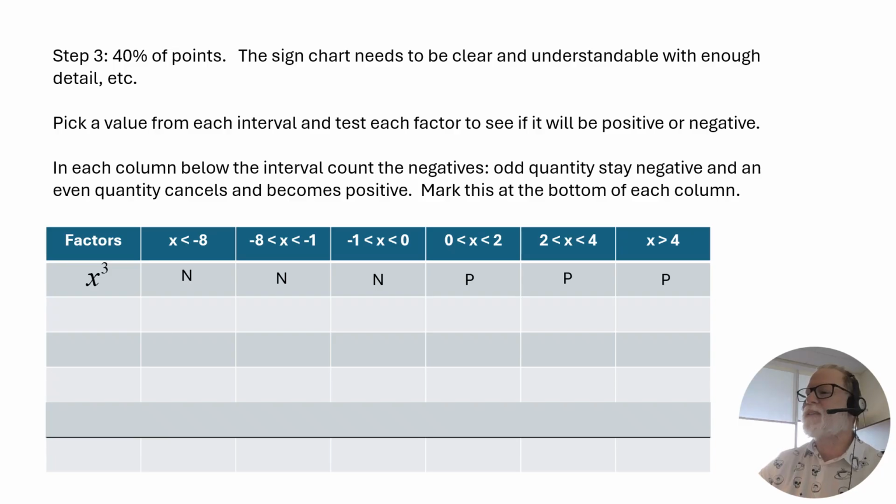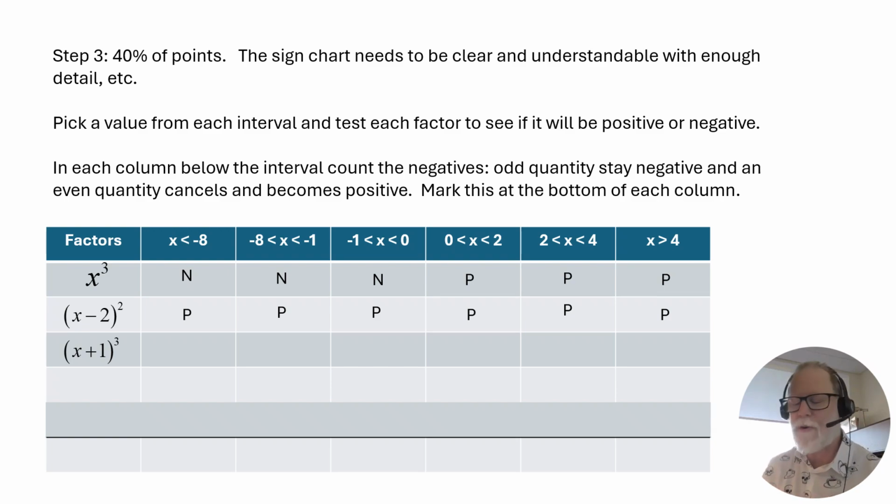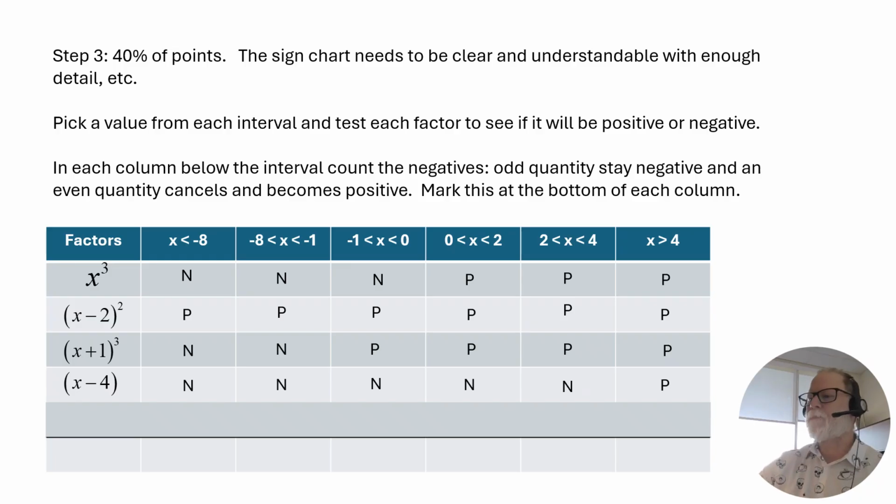As you plug these in, if you cube it, whether it's negative or positive, it stays the same. This one is squared, so everything is positive. The next one is cubed, so it's based on the critical value from that factor. Anything less than is going to be negative, and anything greater than is going to be positive. Likewise for all the other factors.